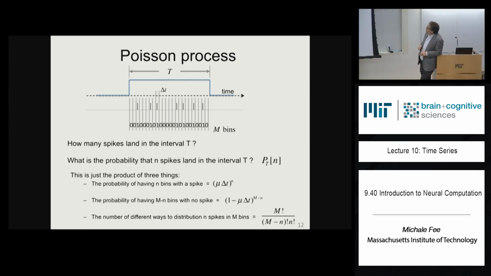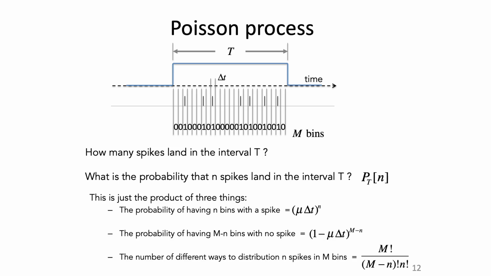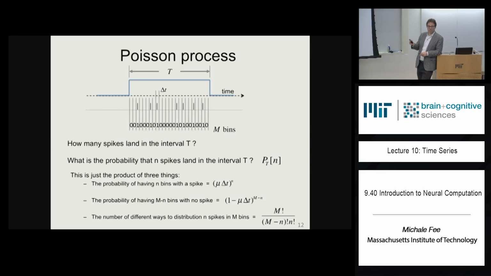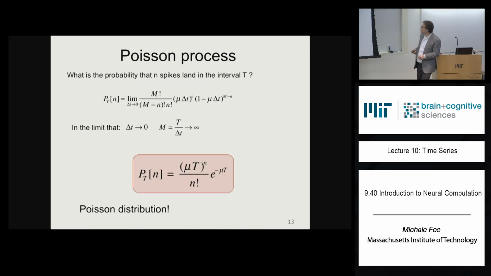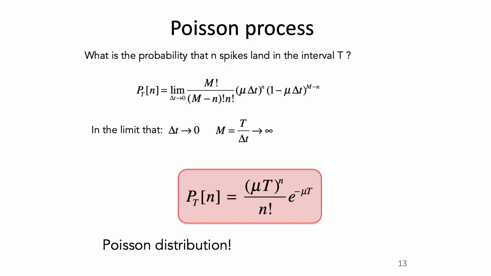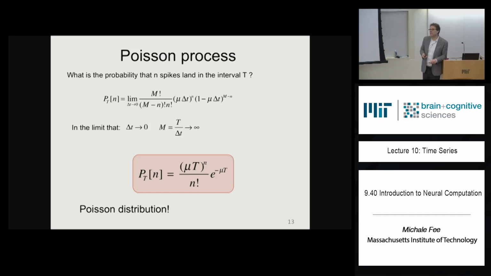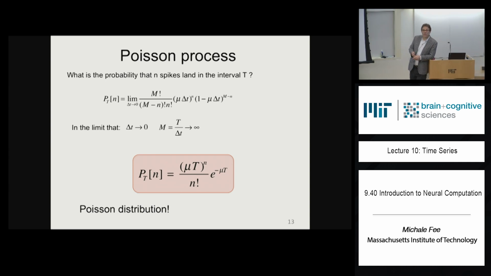So the probability that you have n spikes in this interval t is just the product of those things: the probability of having n bins with a spike times the number of different ways that you can put n spikes into m bins. You multiply those things together, and you take the limit that delta t goes to 0. It's a cute little derivation.